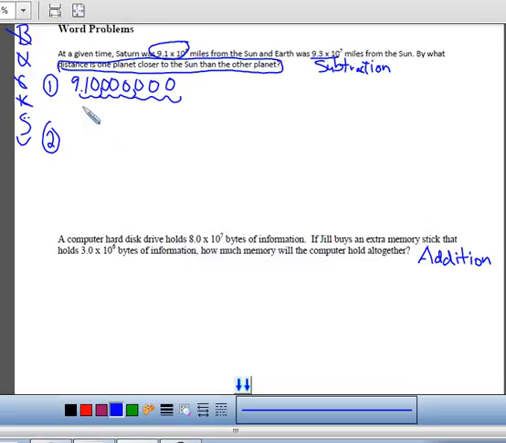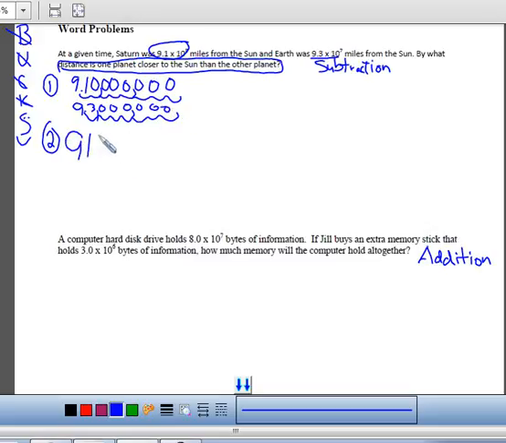Earth is this many. So I add 6 zeros, commas, 93 million miles from the sun. Now I'm going to do my subtraction.